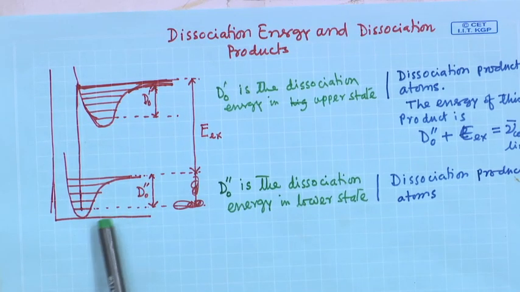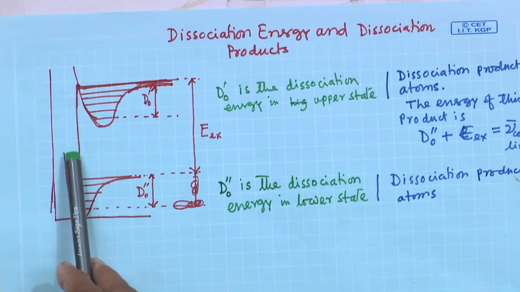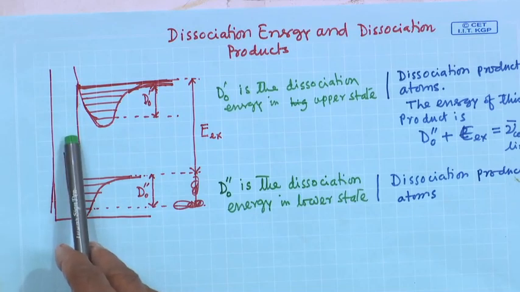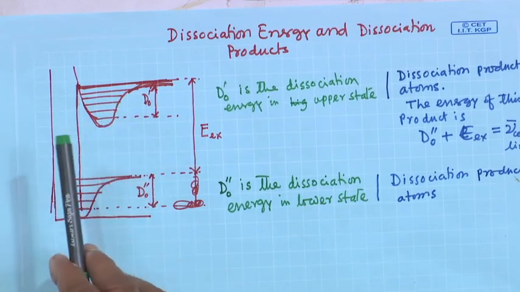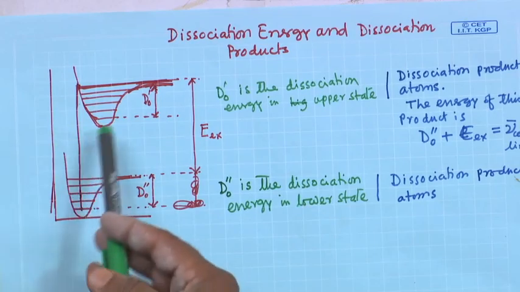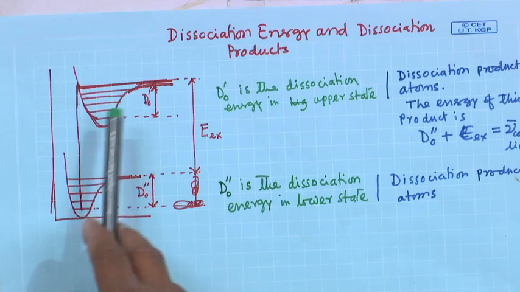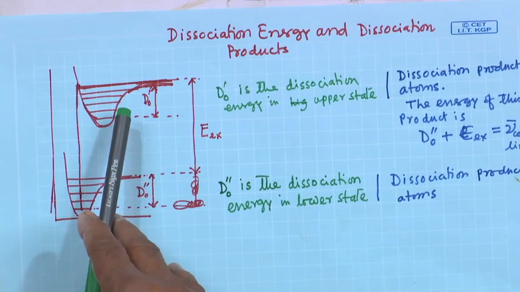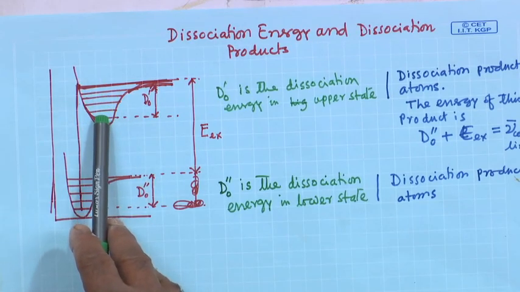Now, consider the excited electronic state, and in the excited electronic state there are vibrational states. Now, the molecule is in an electronic excited state.